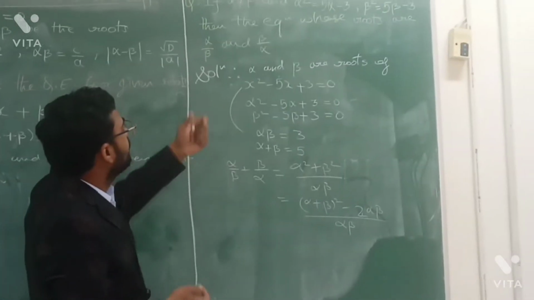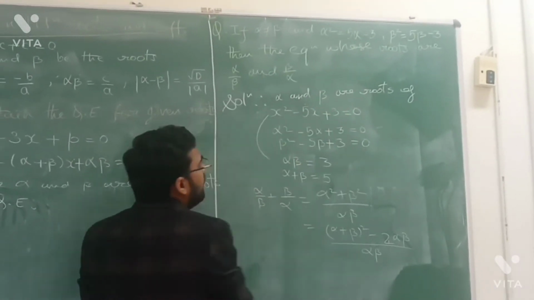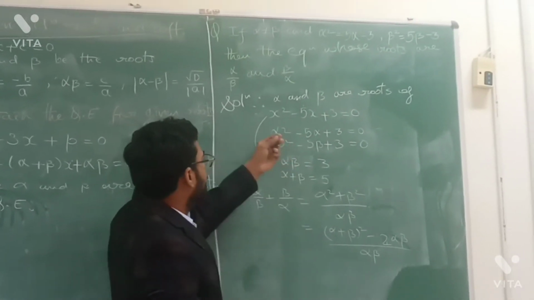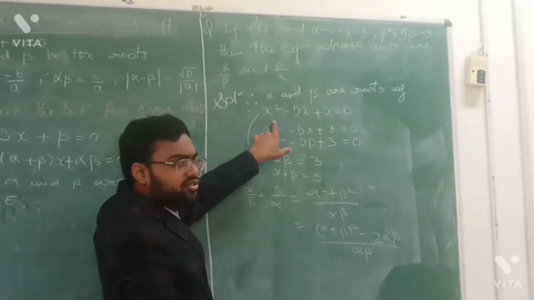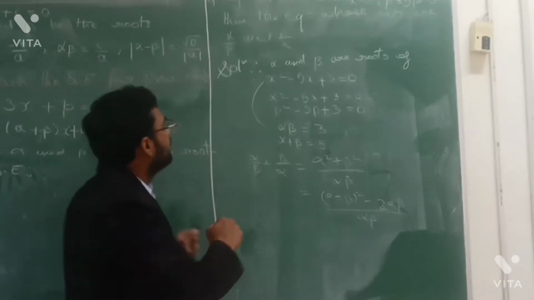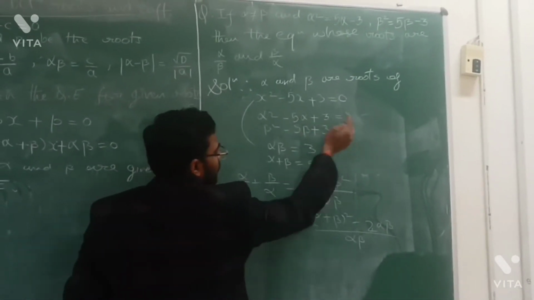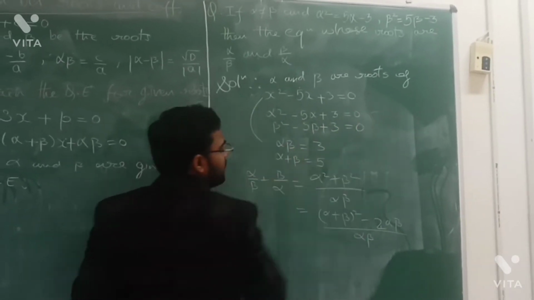As we see clearly in this question, alpha and beta are the roots of the quadratic equation x² - 5x + 3 = 0, because alpha² - 5 alpha + 3 = 0, so alpha satisfies this equation.